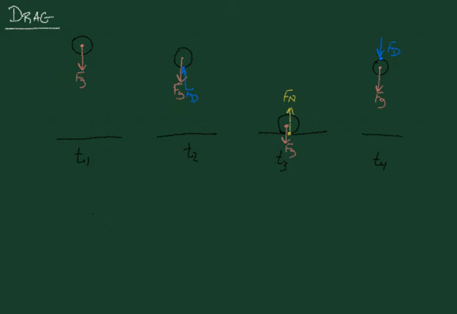So the drag force is always opposite to the direction of motion. And in one of the later chapters, we're actually going to see how to calculate drag force for different objects. So that wraps up this chapter.